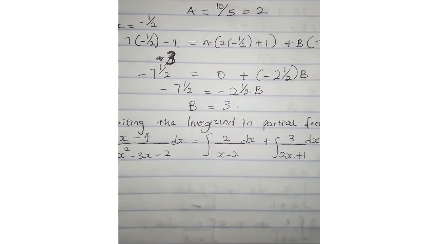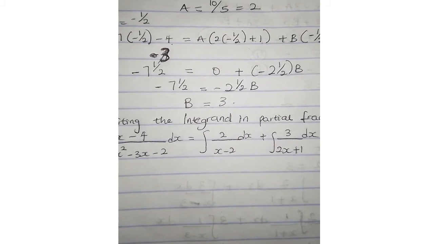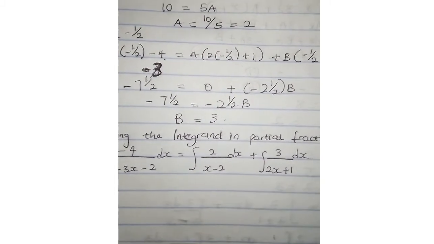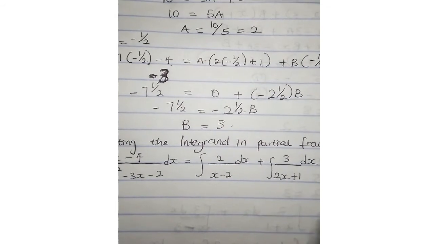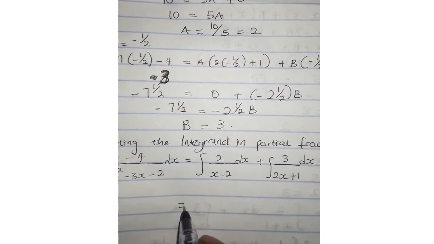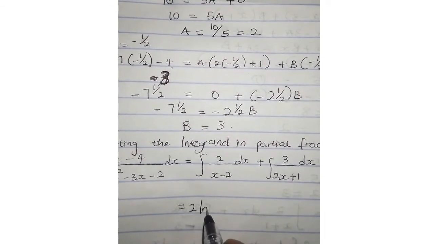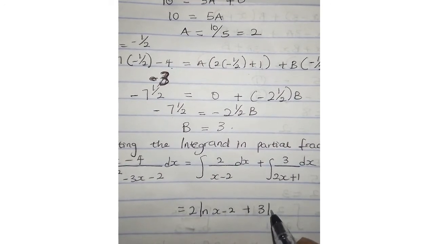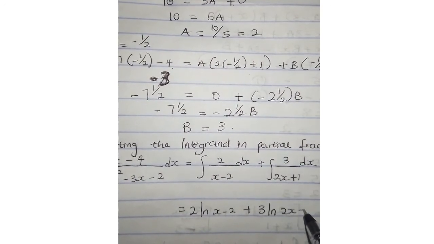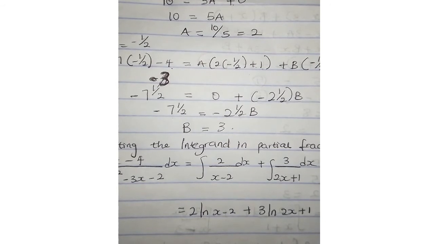Now remember, in our basic rules, any number over x is going to give us the ln of the denominator. So therefore we can easily write this as 2 ln of x minus 2 plus 3 ln of 2x plus 1 plus c.